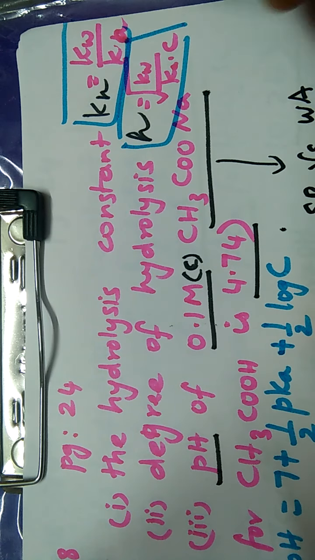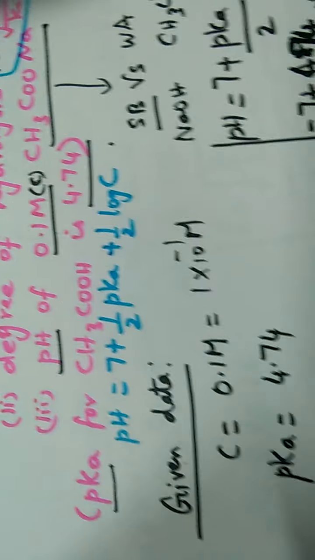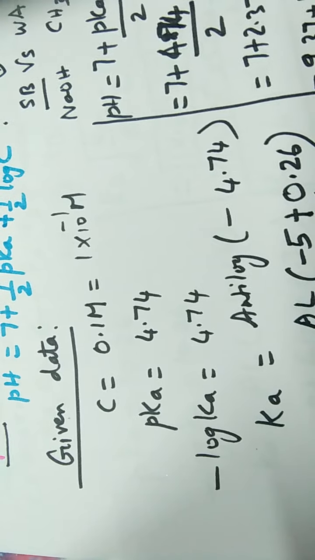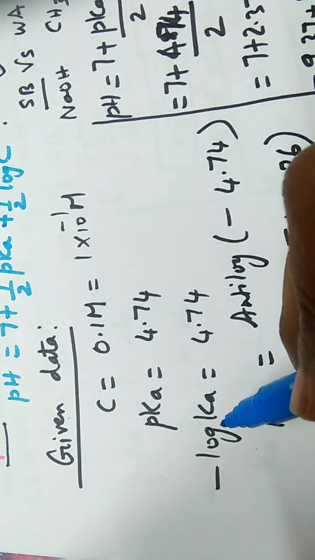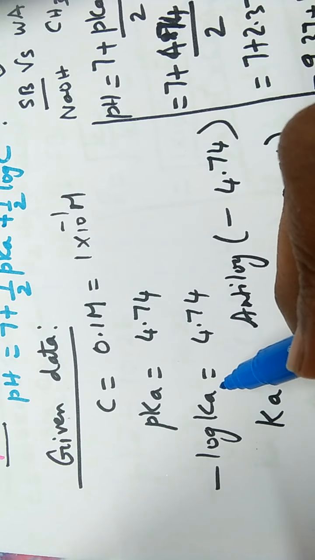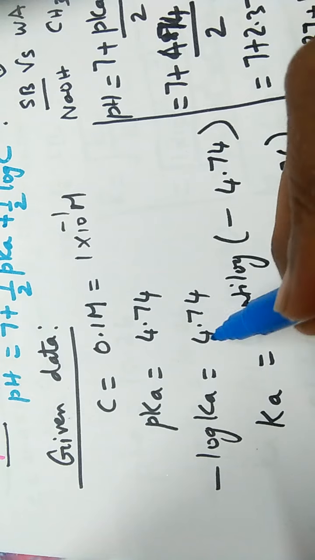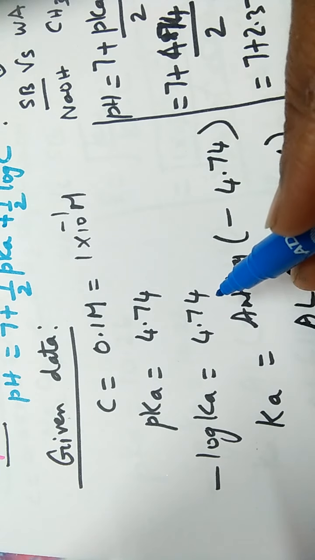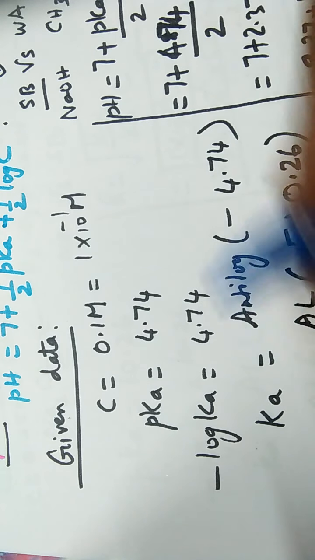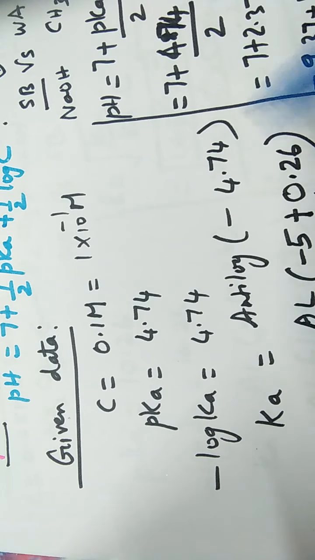First we need to find Ka, but we are given only pKa. How to find Ka from pKa? pKa is the negative log of Ka. So minus log Ka is equal to 4.74, log Ka is minus 4.74, and Ka is the antilog of minus 4.74.